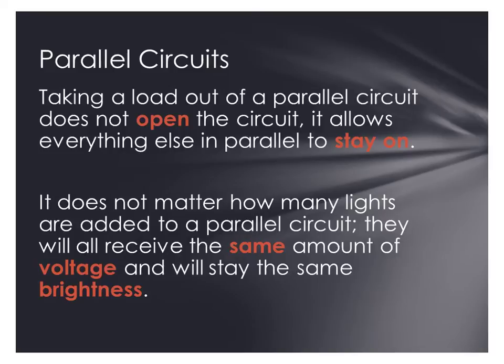So if I'm working in my kitchen and I plug in my blender and my toaster, and my refrigerator and several other appliances are also plugged in, the moment I unplug one of those appliances, the other things will still stay on. So that's the way your house is wired. It doesn't matter how many lights are added to a parallel circuit. They'll all receive the same amount of voltage because they have their own connection to the battery itself. So they would all stay the same brightness no matter how many you add.